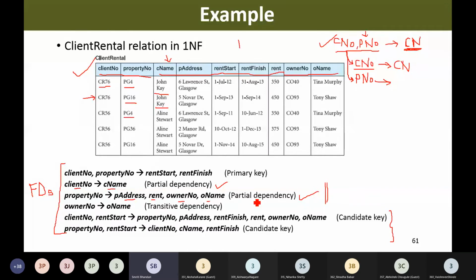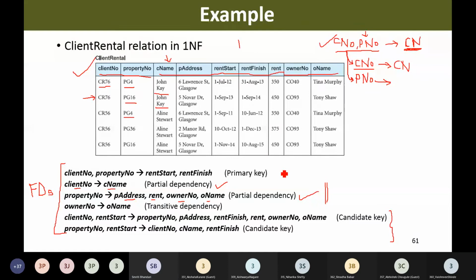Right? So as we have identified these partial dependencies, to come up with 2NF we need to remove them. And if we remove the partial dependencies from the relation, then we may come up with the second normal form of the relation. Now, how to remove these partial dependencies?